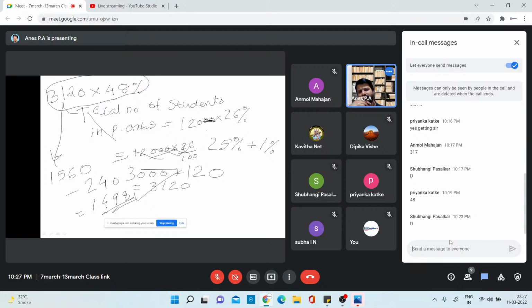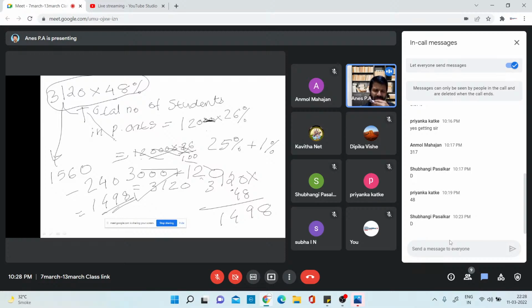Roughly, you just do 3120 into 0.48, which gives this value, that is 1498. In calculation, you just do more questions and make these calculations faster. Actually, I am not talking about the calculation here. I just say how to tackle this problem. All of us got this problem.